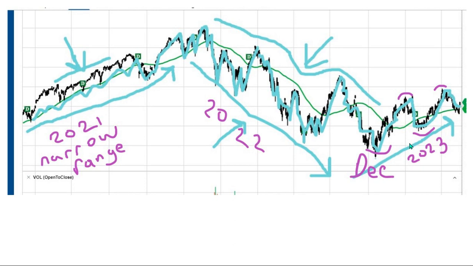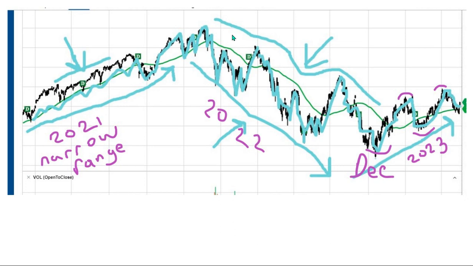Here, I'm just showing you guys a little bit about price range and how you can see volatility through price. If you look at the left of the chart here, the narrow range in 2021 and the uptrend in price, you see a lot smaller candles.